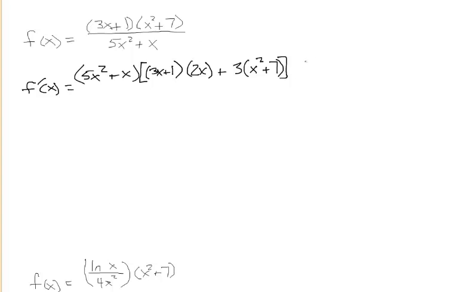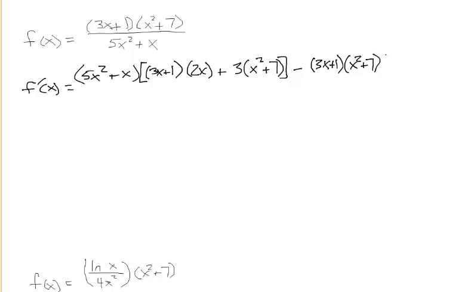And then we need to get back on track with the quotient rule. So now we're minus f of x, which is the rewrite of the numerator, 3x plus 1, times x squared plus 7, and now times g prime of x.